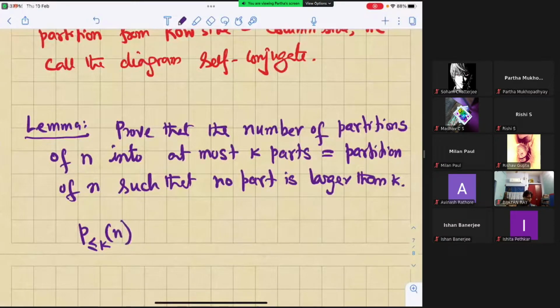The lemma asks you to show that this number is the same as the number of partitions of n such that no part is larger than k. Is the problem clear? Yes, sir.